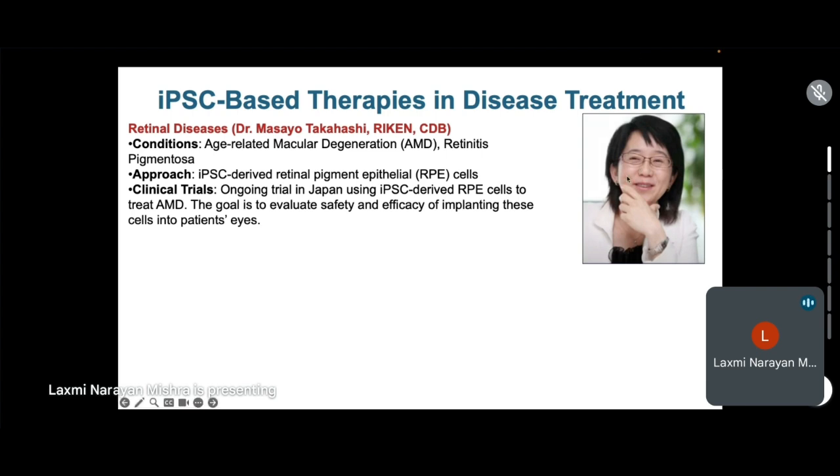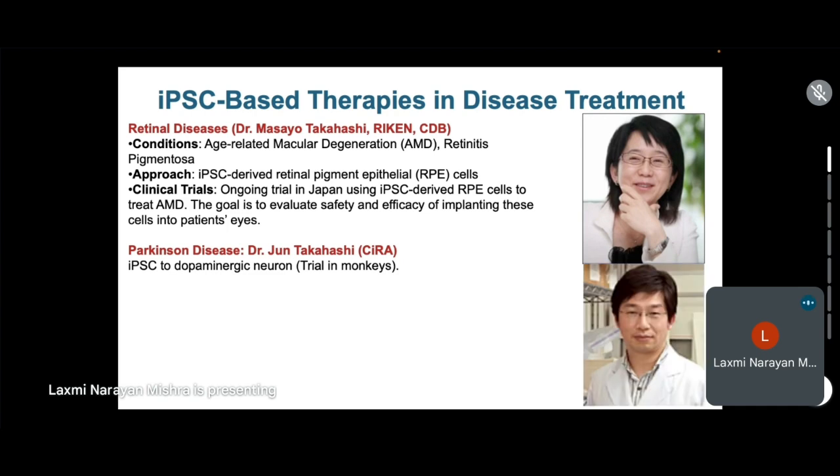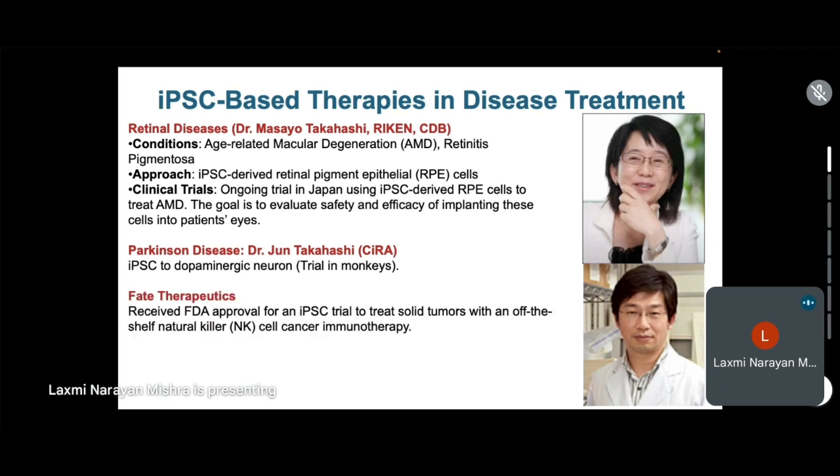And she is the scientist Masayo Takahashi from Riken. Then we have another clinical trial going on in monkeys, for Parkinson disease by Dr. Jun Takahashi, the husband of Masayo Takahashi. So both husband and wife are in the clinical trial phase, and that's a proud moment for the family and for the entire Japan.